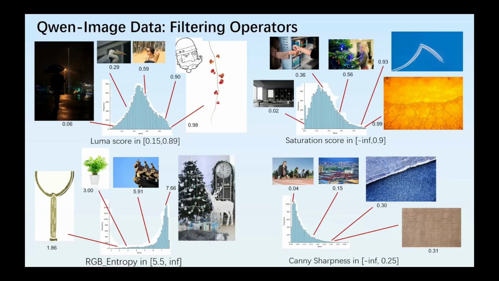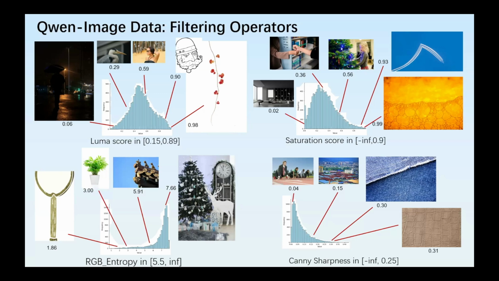We accept images with scores up to 0.9. That means vibrant things like a Christmas tree are kept, while oversaturated or monotonous textures like a fabric close-up get filtered out.